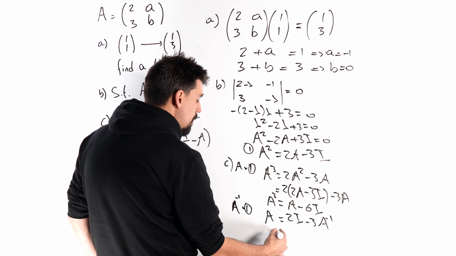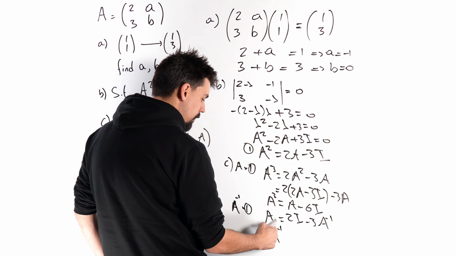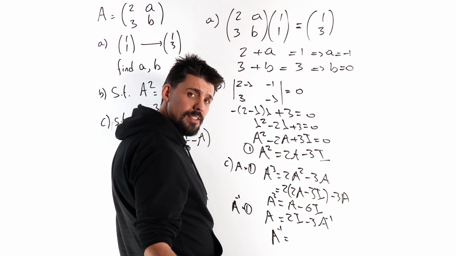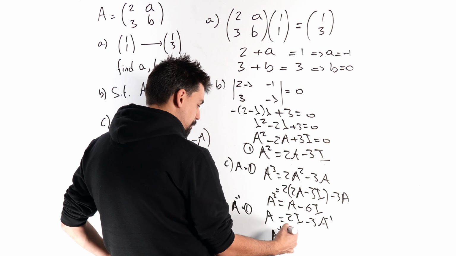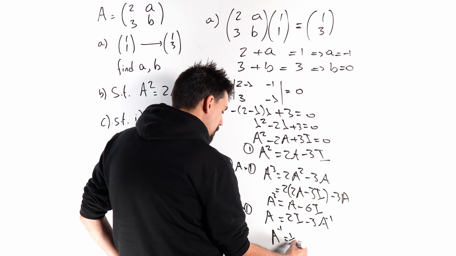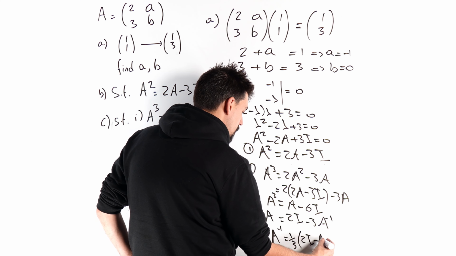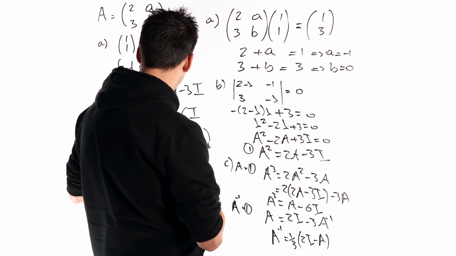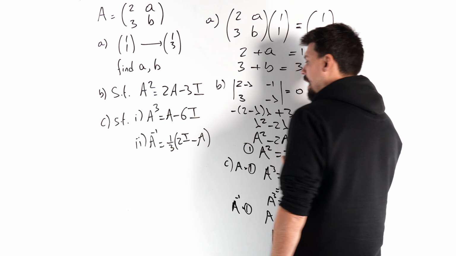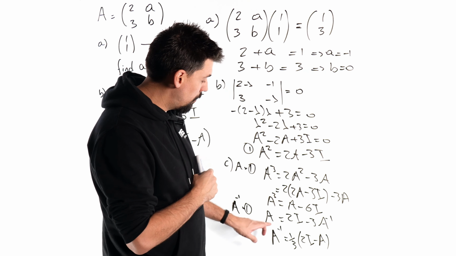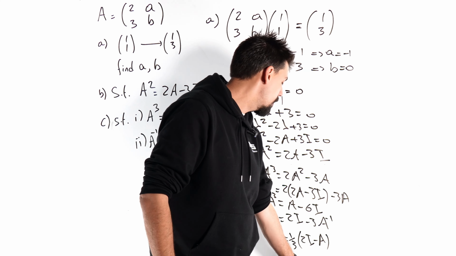And with minimal rearranging at a weird angle, like having to write at this angle with a drop is really not good on the joints. So that becomes 1/3 of 2 times the identity minus A. That's what I wanted. Bring that over, bring that there, divide by 3. And there we go.